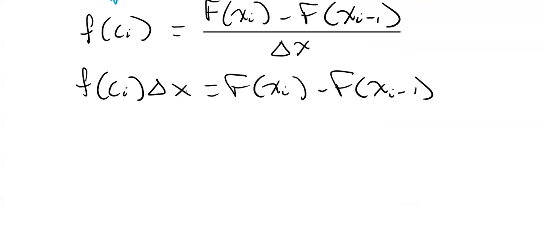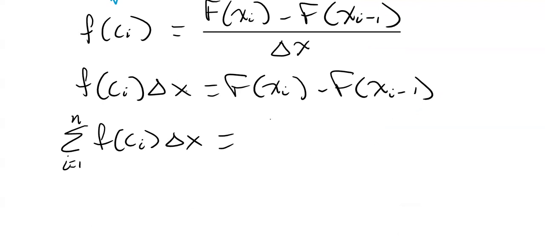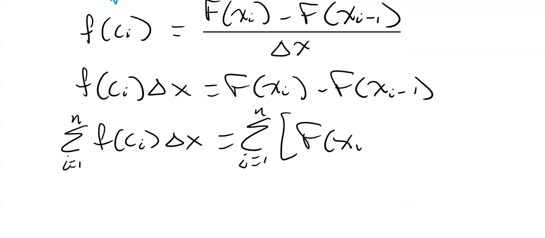And so I can add them all up and say that the sum from i equals 1 to n of f of c sub i delta x equals the sum from i equals 1 to n of f of x of i minus f of x of i minus 1.